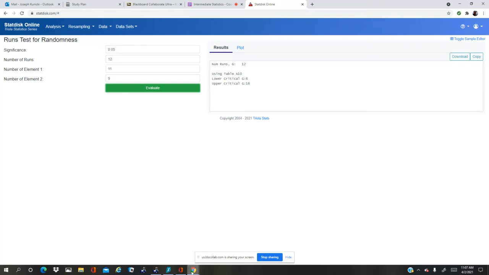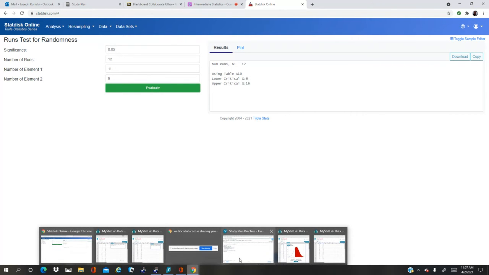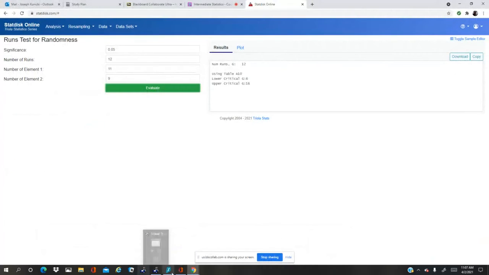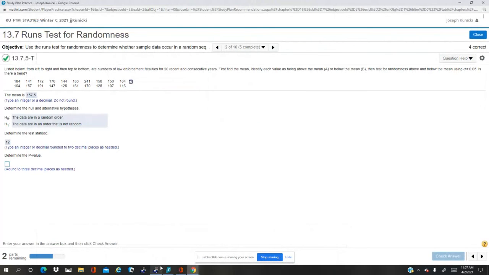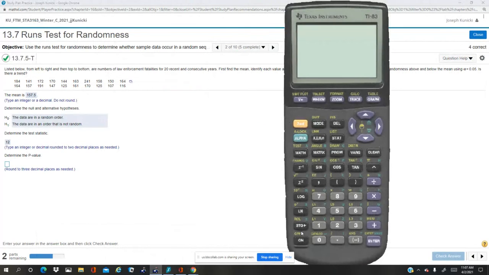So going back to the calculator, well, first we go back to the problem. And what's the p-value? So if I open up the calculator, first I have to calculate mu. So mu is equal to 2 times n1 times n2.